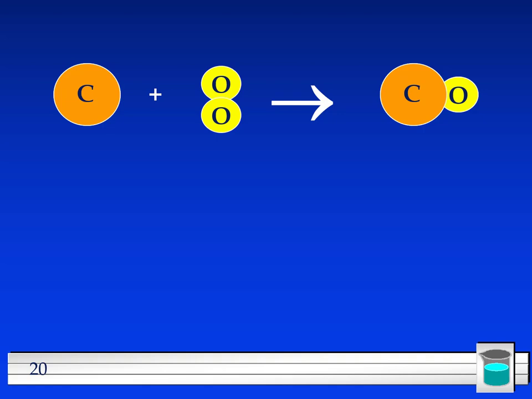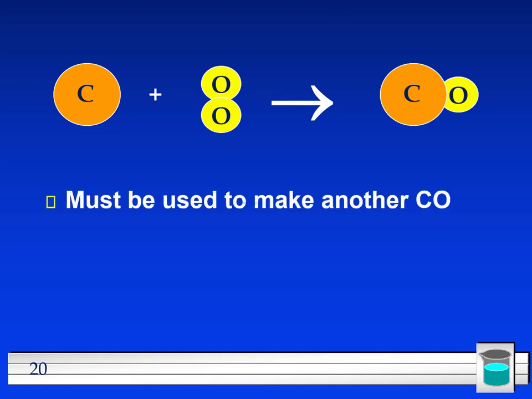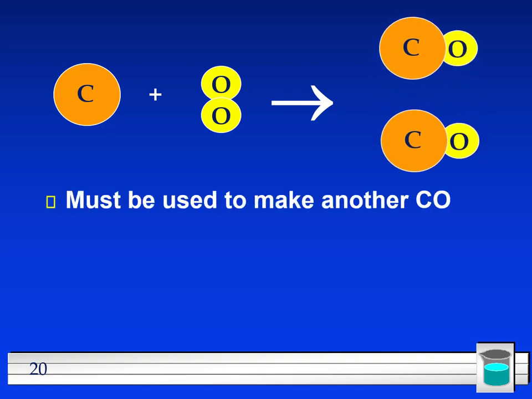So the only way I could use two O's and make carbon monoxide is to make two carbon monoxides. That's the only way I can use both O's and still make carbon monoxide. I don't have a way around it. I can't change the formula. I can't add a subscript. I can only add a coefficient. I want two COs.